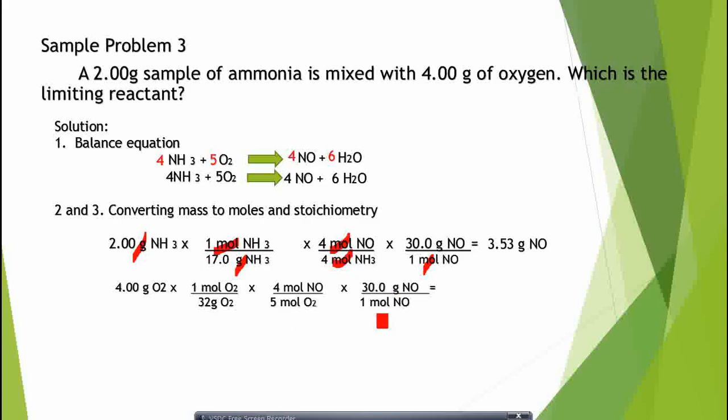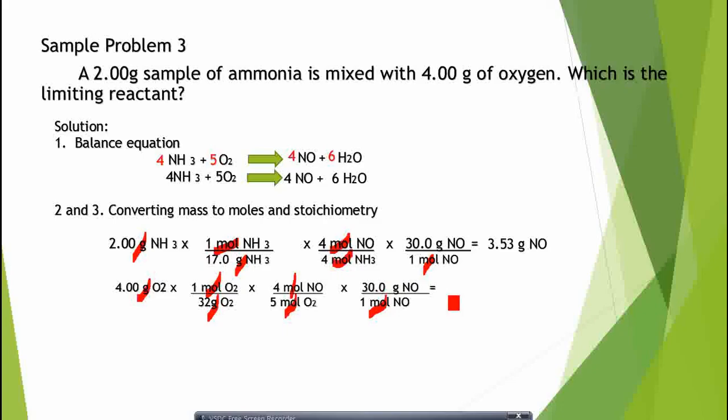Cancel the unnecessary units. We have the grams of oxygen, mole of oxygen, mole of nitrogen oxide. The unit that remains is grams of nitrogen oxide.